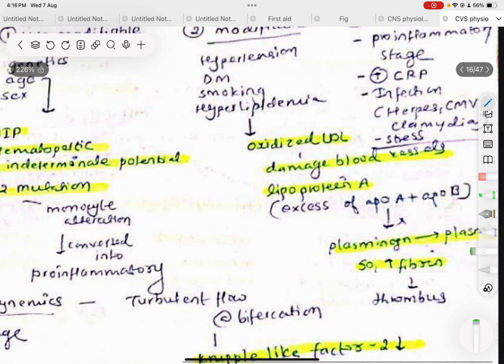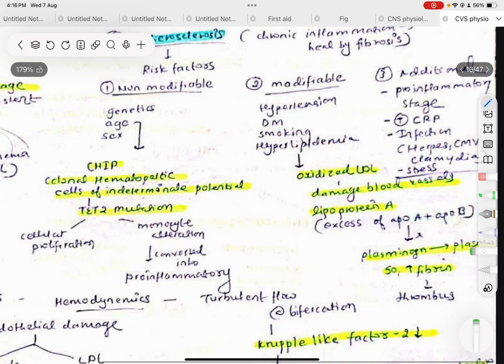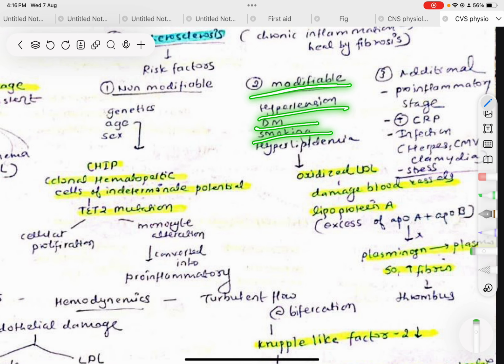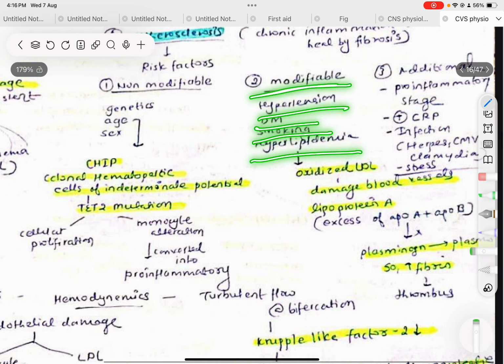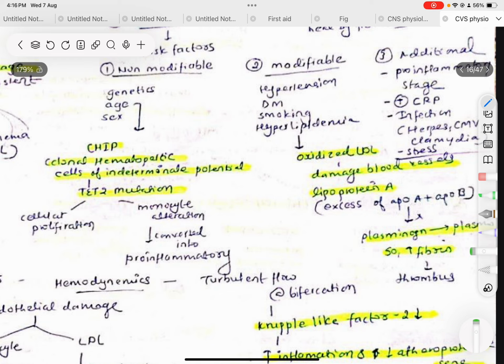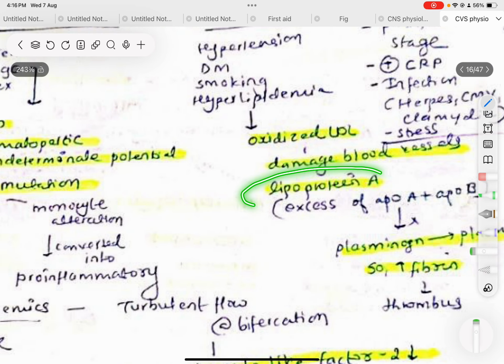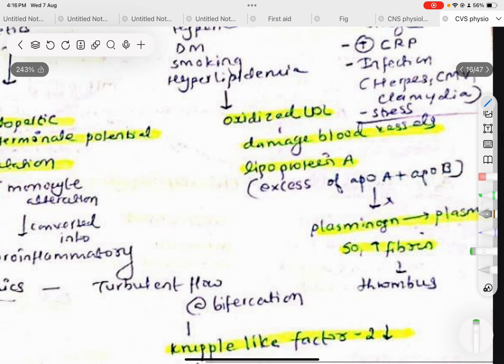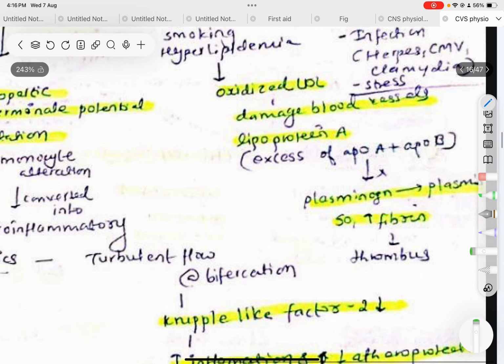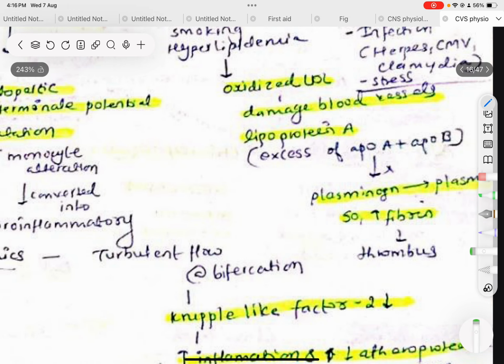Now modifiable risk factors are hypertension, diabetes, smoking and hyperlipidemia. In hyperlipidemia there is one thing, that lipoprotein A, oxidized LDL has this excess of ApoA and ApoB that will cause damage to the blood vessel.